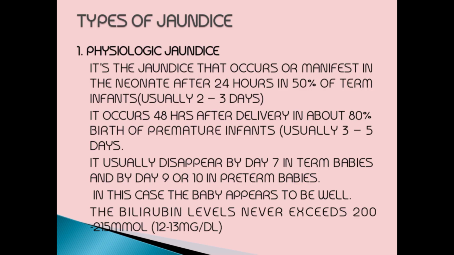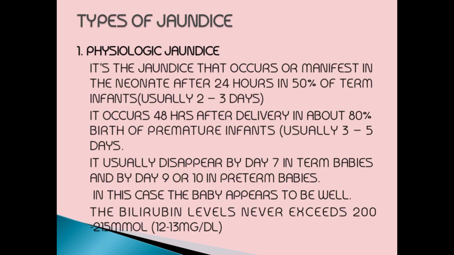Babies who are born at term, only 50% of those may have physiological jaundice. But take note, those that are born prematurely are more susceptible and may have 80% of this kind of jaundice, which is physiological jaundice.